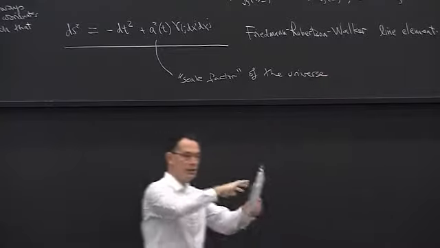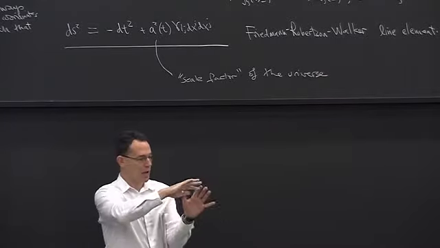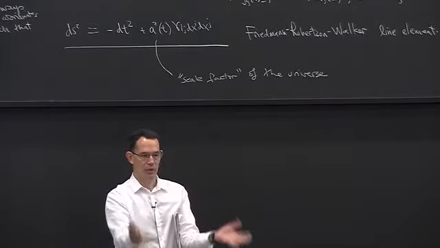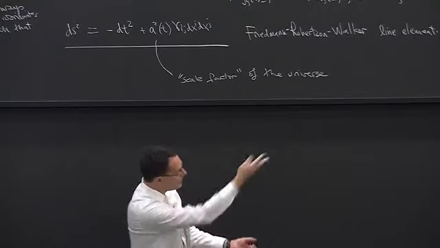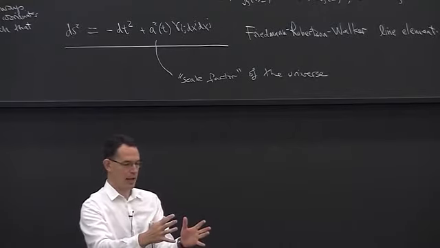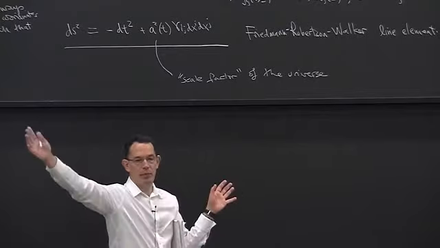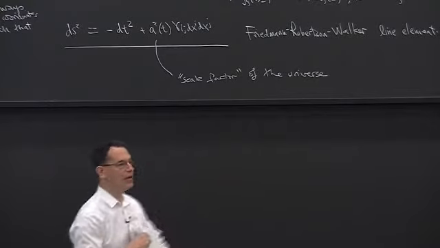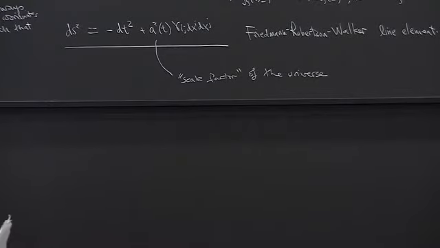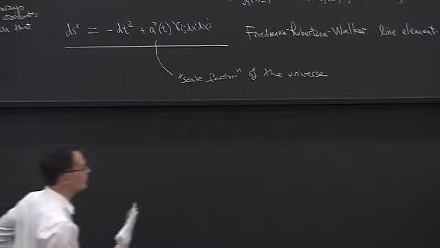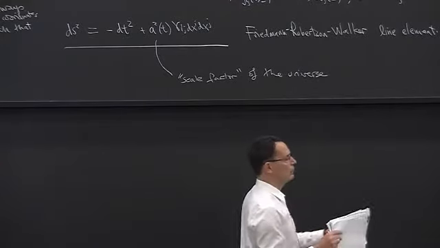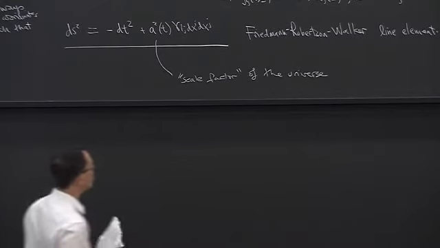In the case of a 3-sphere, you literally imagine you have a 3-sphere with metric gamma ij, the 3-sphere metric we wrote down, and then a of t just blows it up. So you can think of a of t as being proportional to the radius of this 3-sphere.